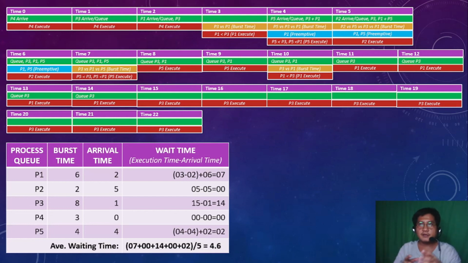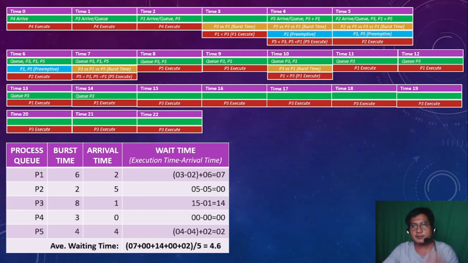In preemptive, it will not wait for the current process to be finished, but it will halt the current process and make a new comparison of the new process that arrived against the ones that are already in the queue, and the process that is already in the central processing unit.